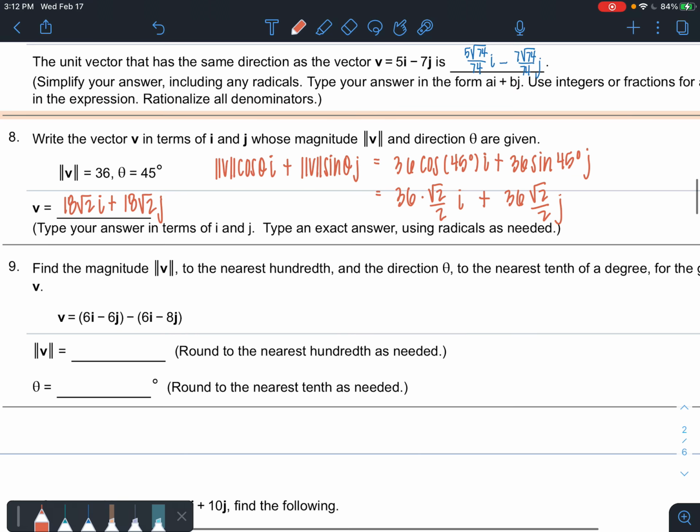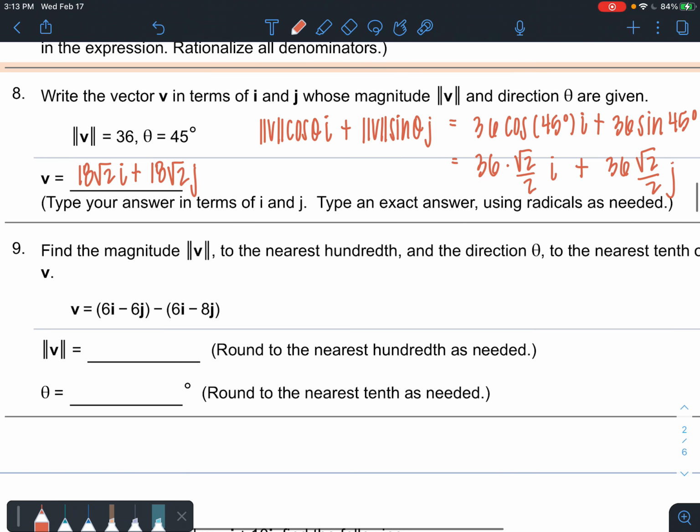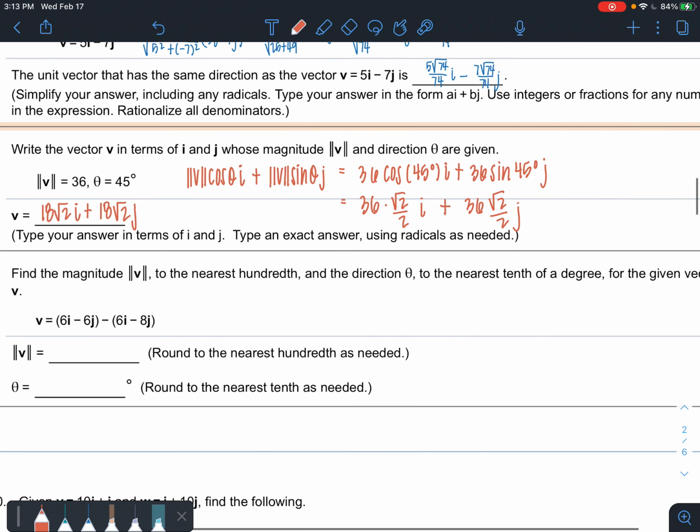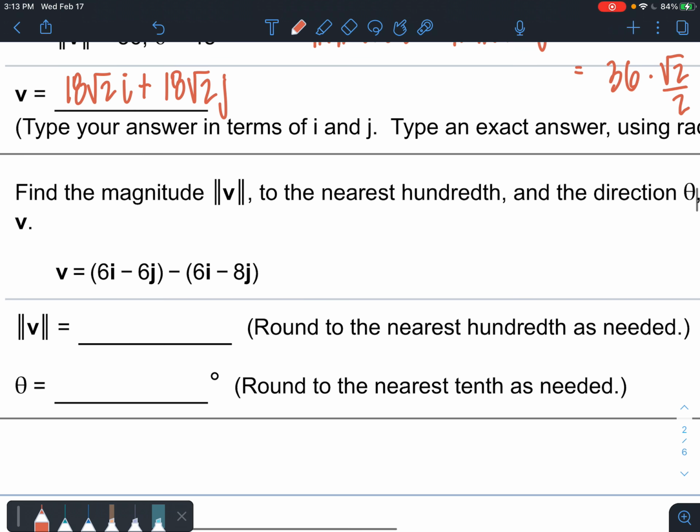All right. This next one here, we're finding the magnitude and direction for v, so we want to simplify first. So 6i minus 6i is 0i, so these just go away. And then negative 6j minus negative 8j is 2j.